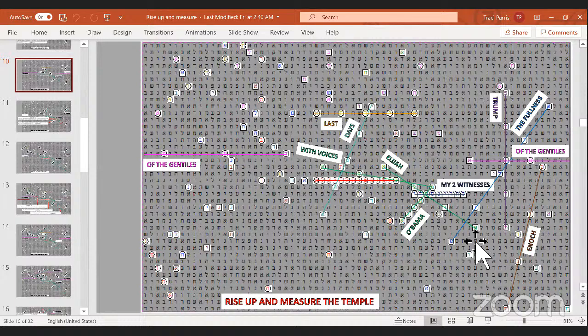And this is interesting. Trump runs through the fullness of the Gentiles, and Obama runs into my two with voices. Maybe that means that Obama's going to have a voice soon.